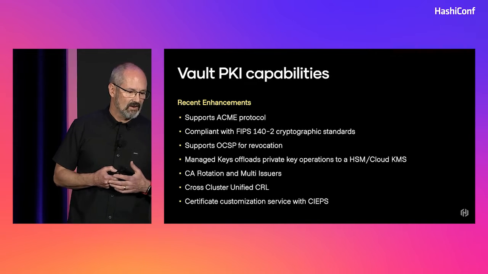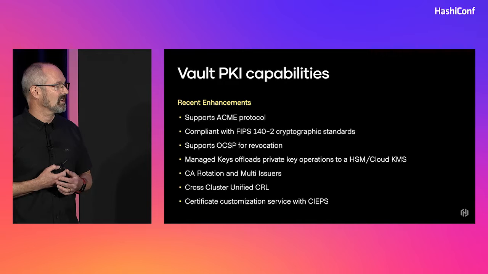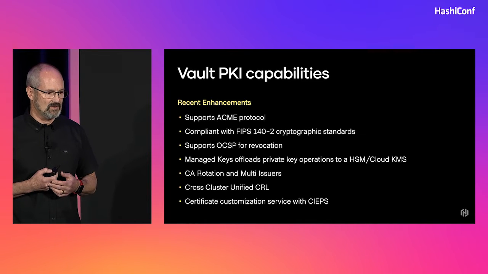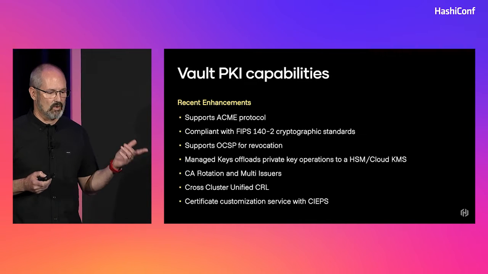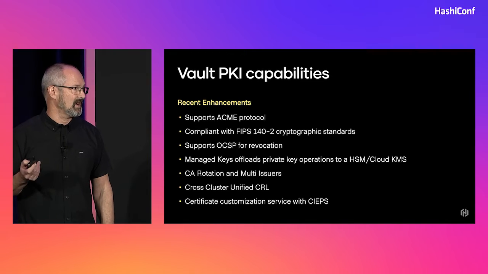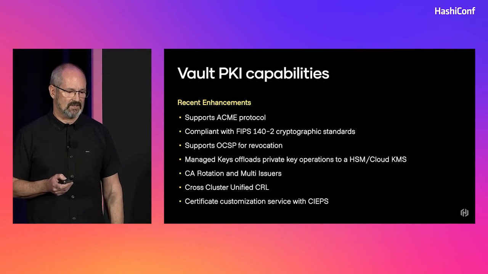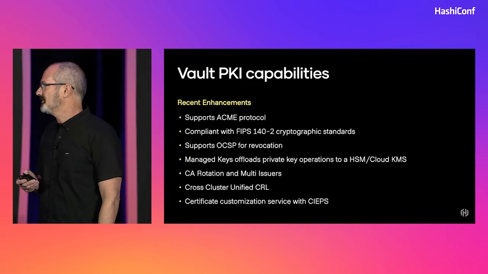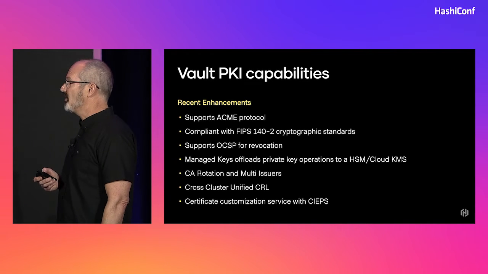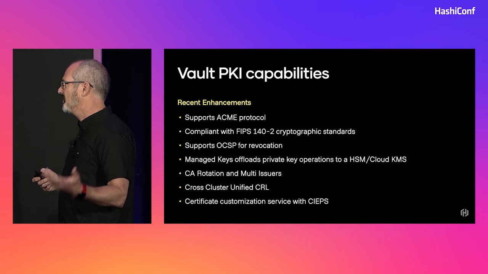There is a FIPS 140-2 compliant version of Vault that can be used if somebody is in a situation where they need that. It also now supports OCSP, in addition to CRL, for certificate revocation. And also the managed keys capability can be offloaded to HSMs and KMSs.